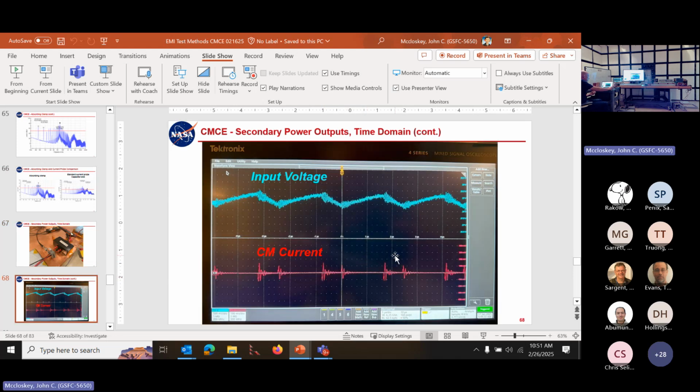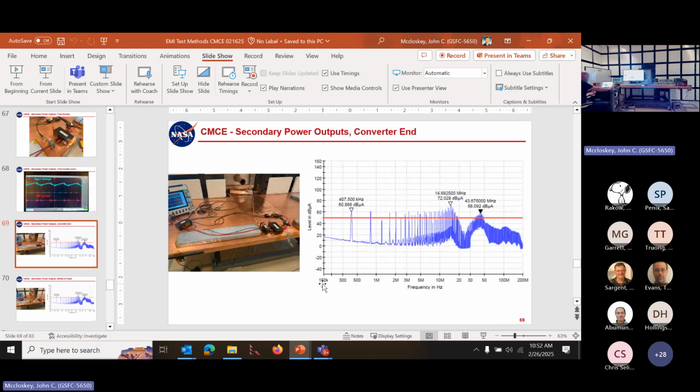So first, looking in the time domain, again, we'll have our ringing at the edges of the switching waveform. Not too surprisingly, this looks pretty similar to the ringing we have on the input side, with no filtering. So here we'll put the current probe right near the output of our power converter, and we get this profile.